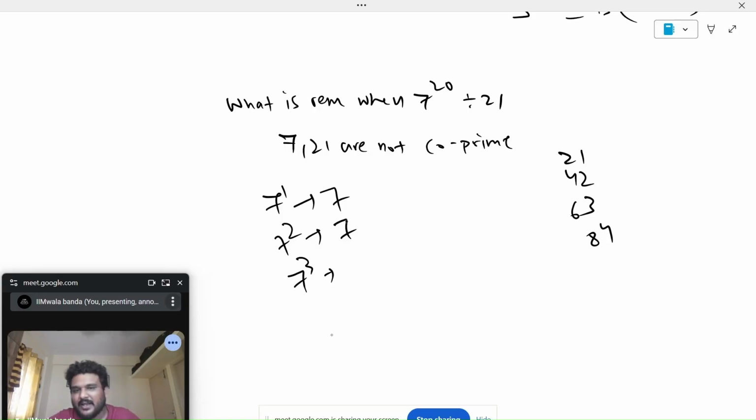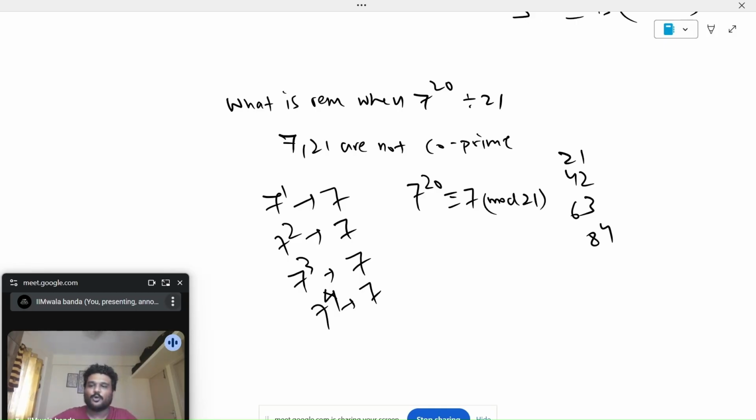Just multiply the last remainder by 7. So 7 times 7, 49, again 7. Again 7. So every time I'm getting 7. So the answer is 7. Every power, when divided by 21, is giving 7 only. So 7 to the power 20 will give me remainder 7 when divided by 21. So no requirement of Euler. All right. Very interesting.